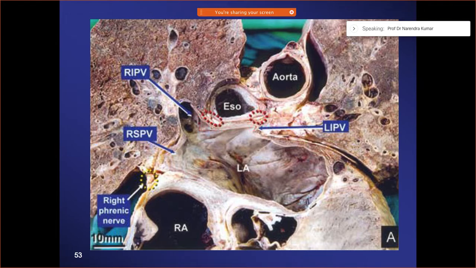So this is the reason a lot of times, whenever pulmonary venous ablation is being done, there are patients who have even developed atrioesophageal fistula, because it is indeed close to the esophagus as well.